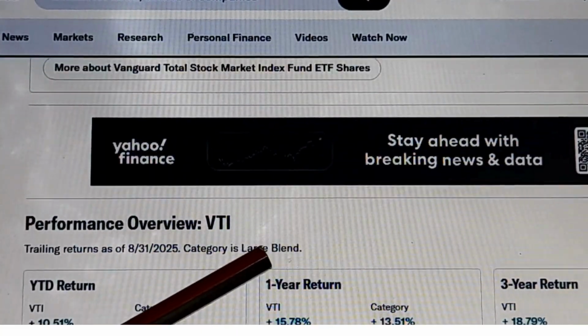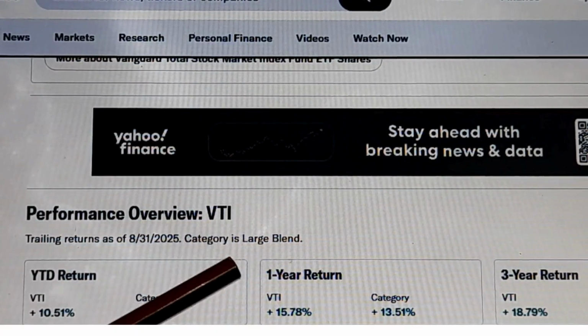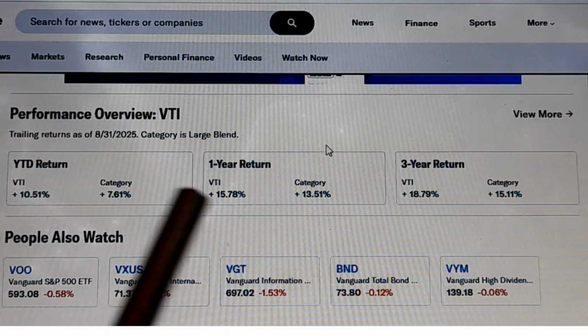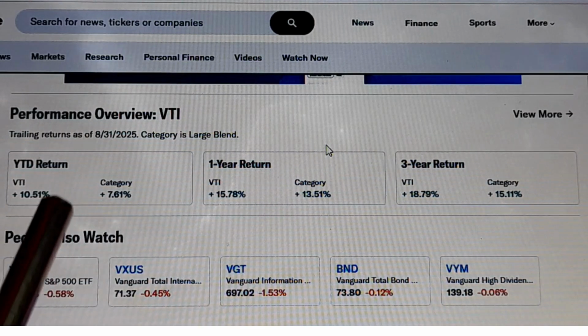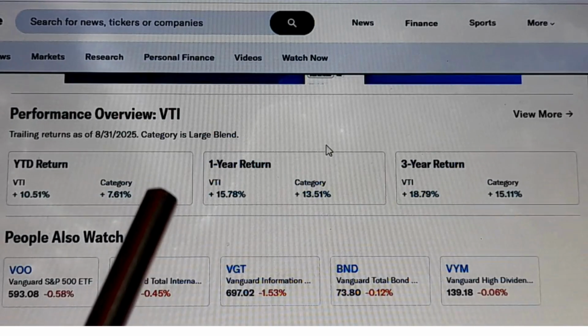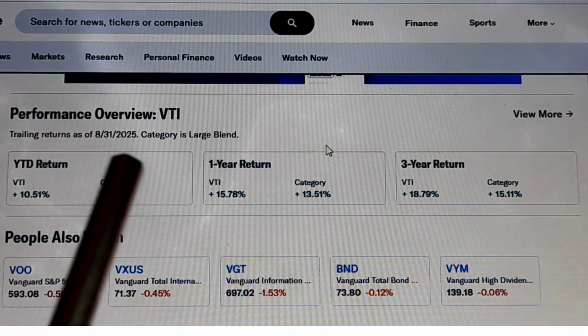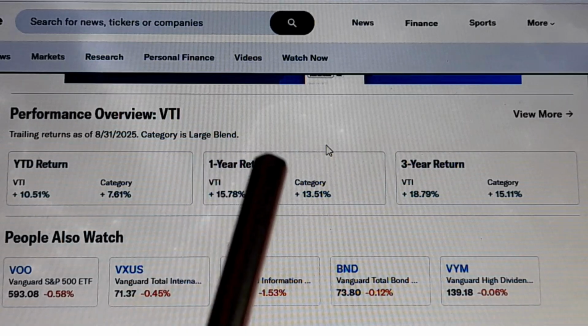So this is the other thing I want to cover, the performance overview of VTI. I'm just learning how to read these three tabs here, these three buttons here. You will learn so much about how VTI is performing in the market. You see it is written trailing returns as of 31st of August 2025, and the category is large blend.